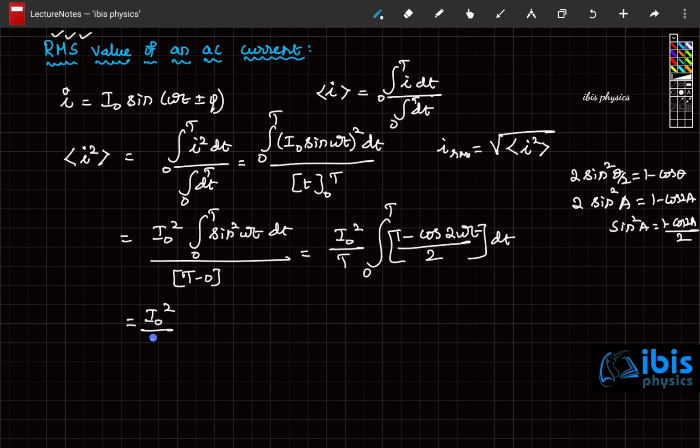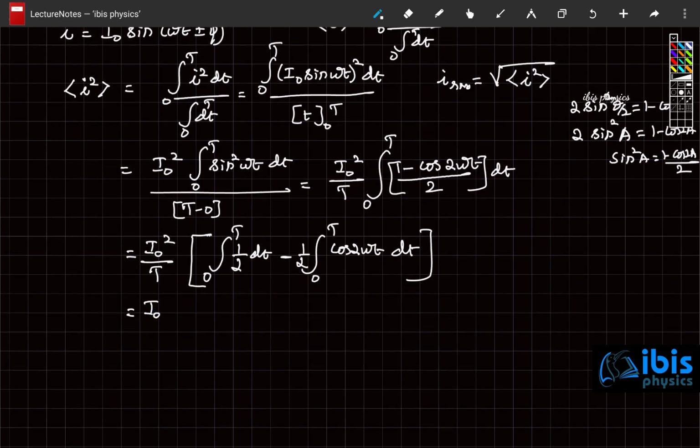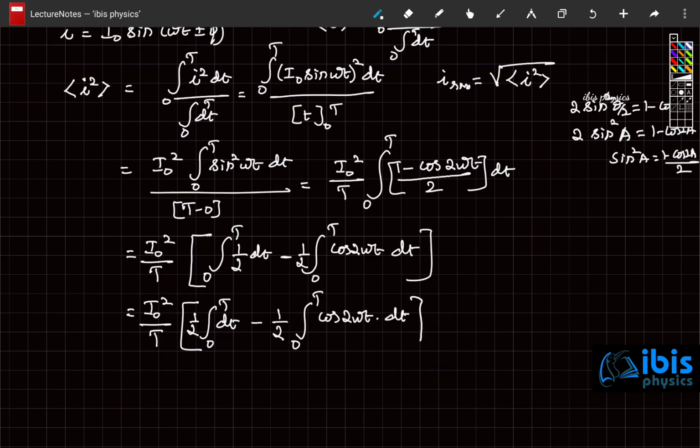So it is I naught square by T, the integral from 0 to T of half dt minus the integral of cos 2 omega t by 2, so let me say 1 by 2 into dt, from 0 to T. So here I naught square by T into half into the integral of dt from 0 to T, minus half into the integral from 0 to T of cos 2 omega t dt.